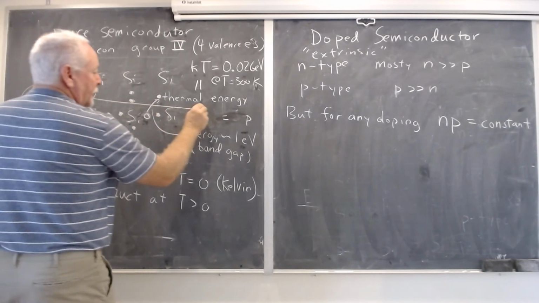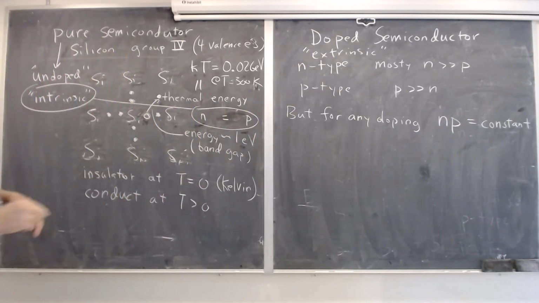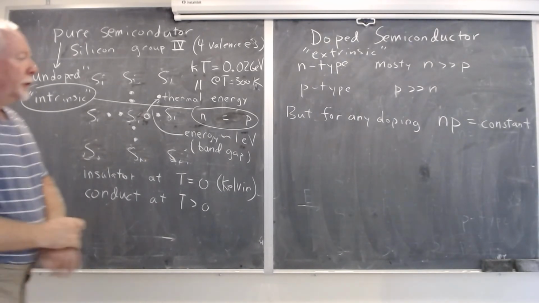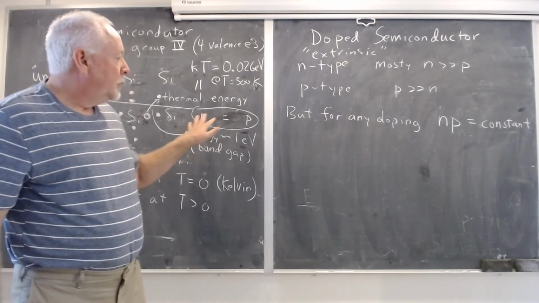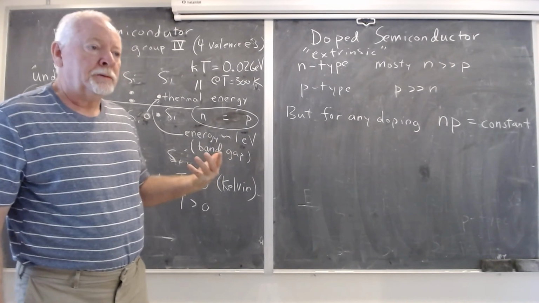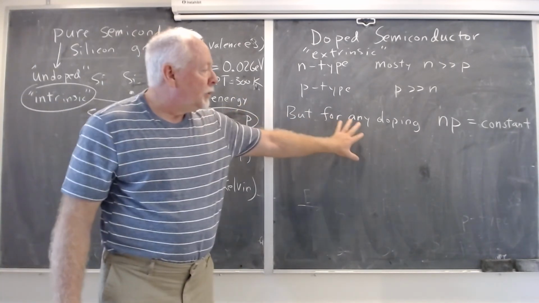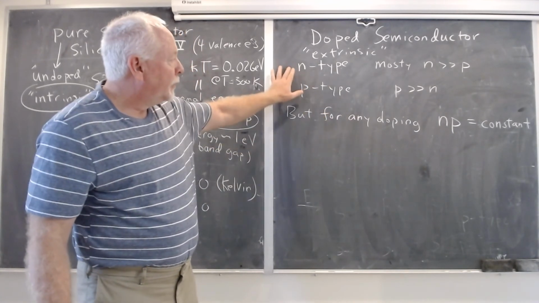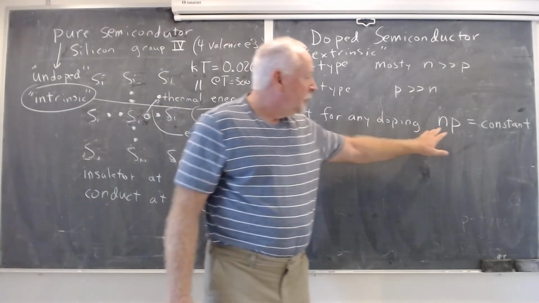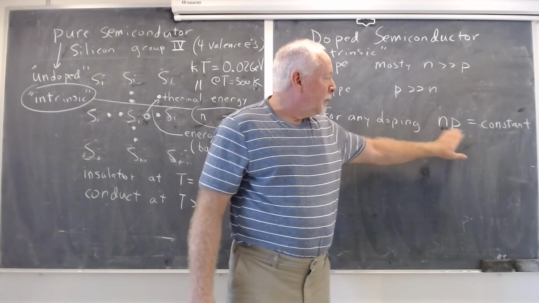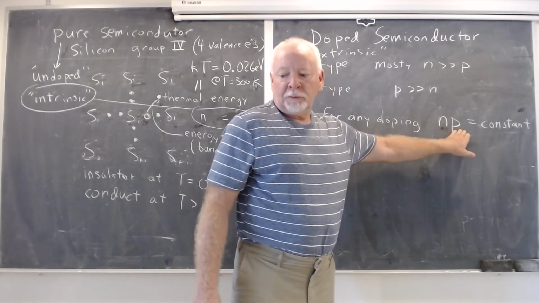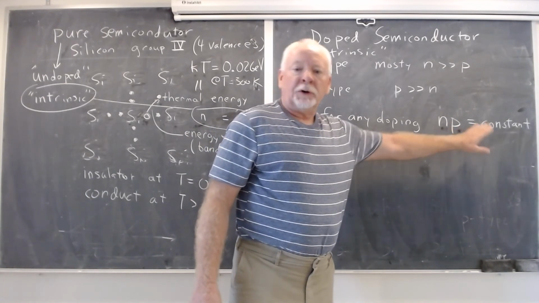And I know this is getting a little bit messy here. All right, and so n times p is some number for any particular semiconductor. And as I vary the doping, let's say I add in n-type doping, well, n's going to get bigger, but p is going to get smaller. But their product is going to remain the same.